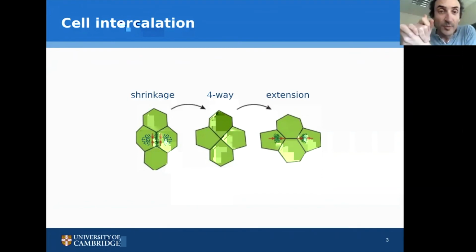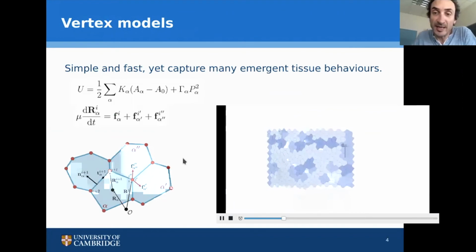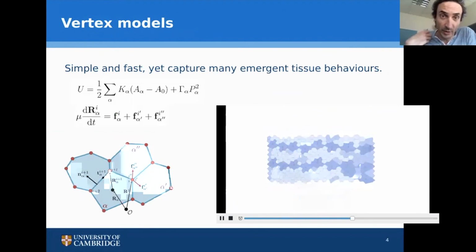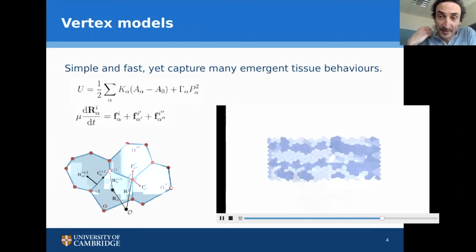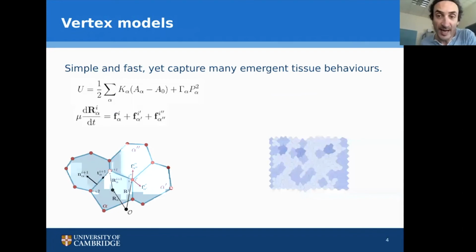So we go back to this cell scale and have a look at this intercalation process, which is indeed driven by actomyosin. So actomyosin is here, contracting this edge, and this leads to this rearrangement of cells. So the way this has been tackled by very many groups in the past is the so-called Vertex model, which has the advantage of being extremely simple and fast.